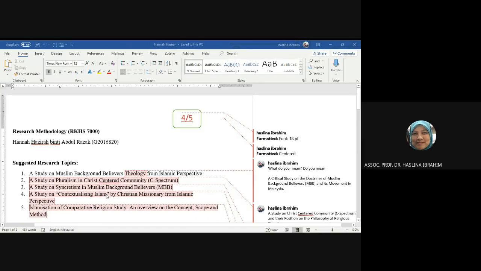You will have this one left indented or justified indented, and the Arabic will be right indented. So your references will not be organized. Some is at the left, some at the right. They look so messy at the footnote section. For me, I don't like it. I want my thesis to be very neat.